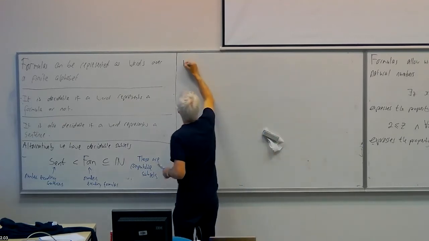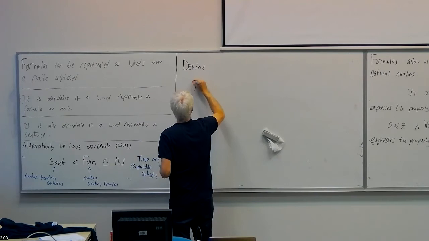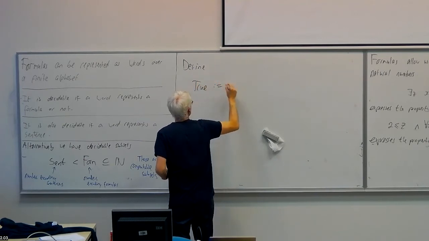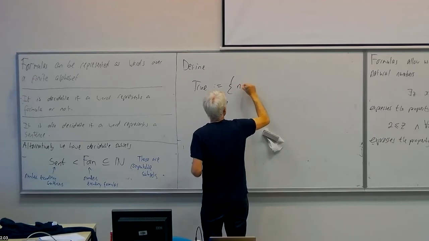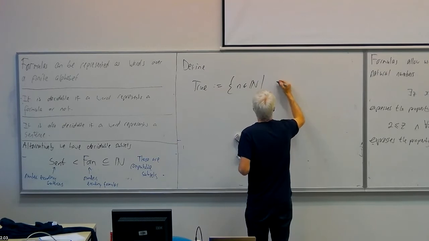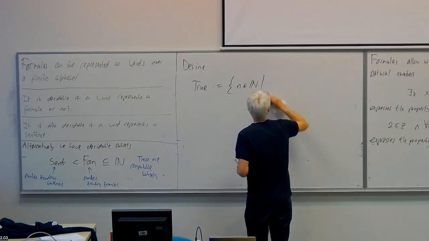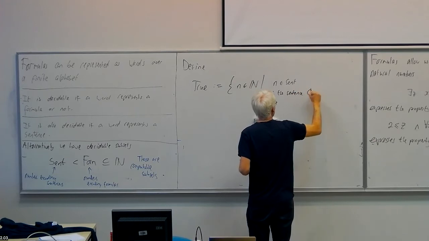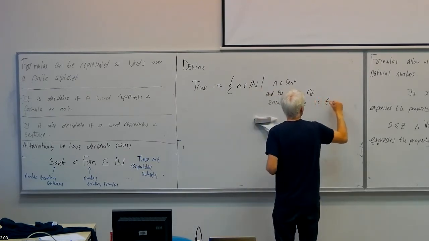So we can define True to be the set of numbers n such that n belongs to Sent and the sentence encoded by n is true.